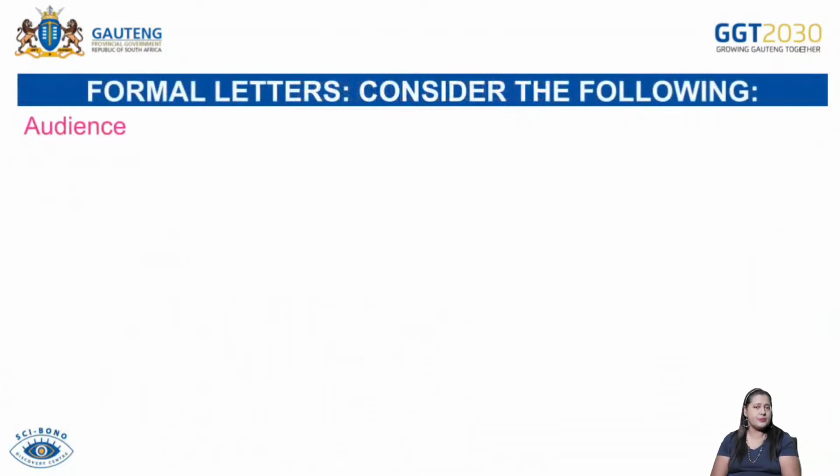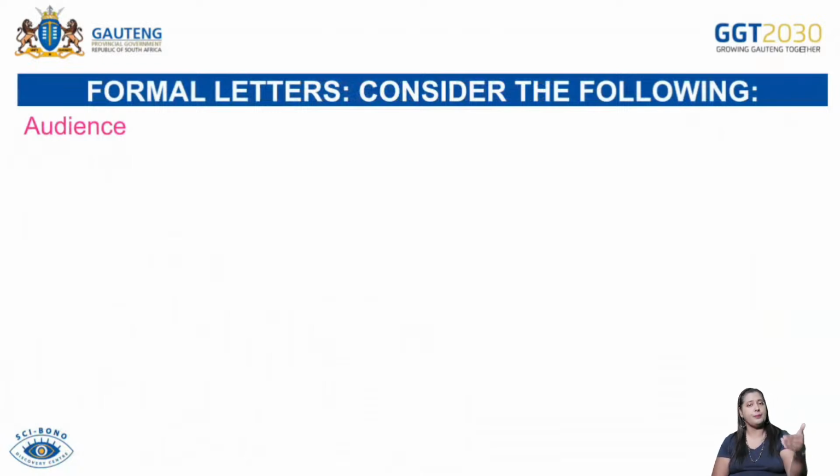So the next part after the purpose is to consider the audience. Who am I writing this piece of work for? Now we can say very blanket here that I'm writing it for the marker, but that's not what I'm asking you to look at. I'm saying to you, who is the person that in the real life scenario would be receiving this letter?